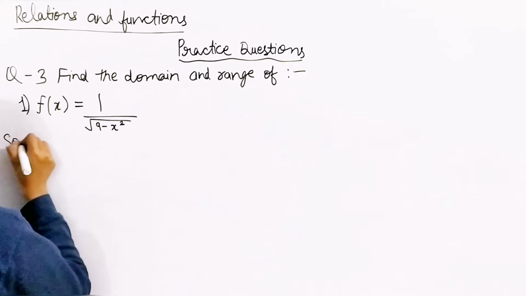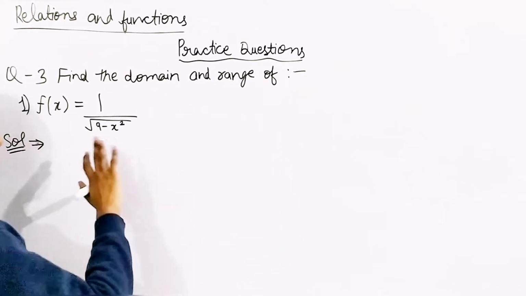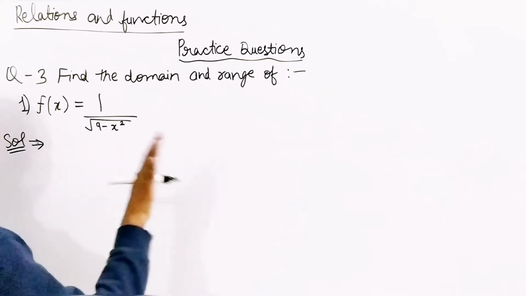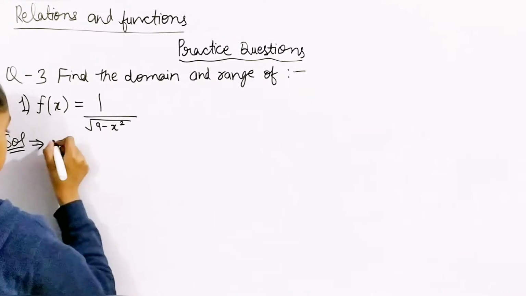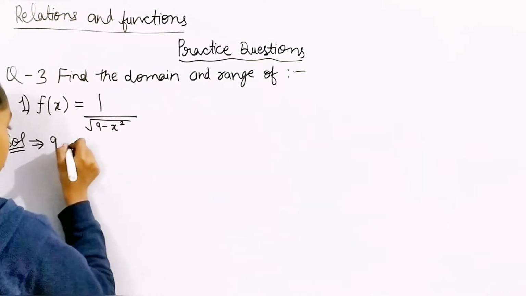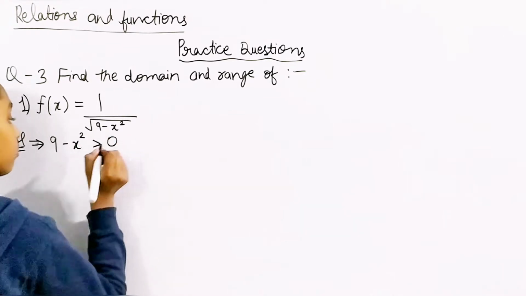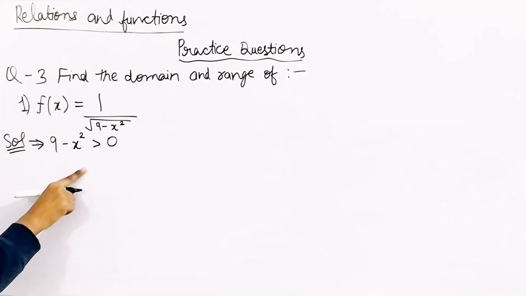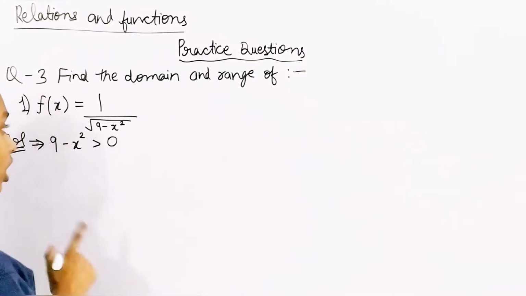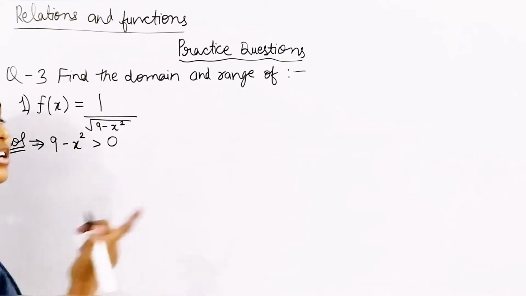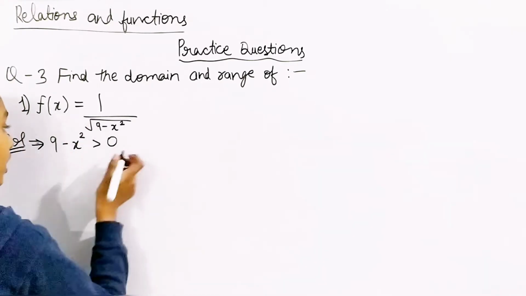So let's start solving it, using the really simple way. 9 minus x squared is what is given to us in the denominator, so 9 minus x squared is greater than 0. Now, as the second thing, it's saying that it's going to be greater than 0, which means, can I write it this way?